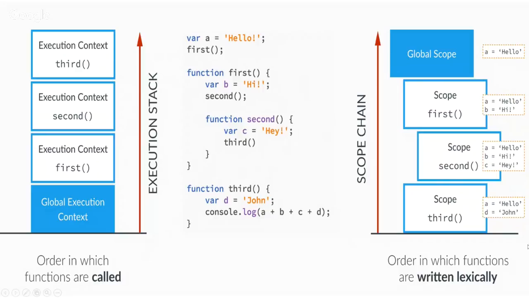It is the scope chain that does that. As you know, the scope chain object. Since the third function is not inside of the scope of the first or second functions, it does not have access to the B and C variables. So hopefully that's a bit clearer on the scope chain.